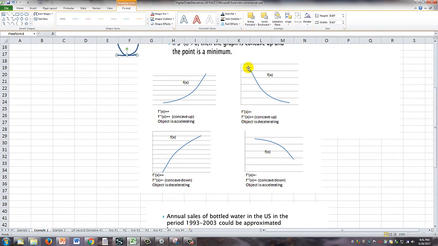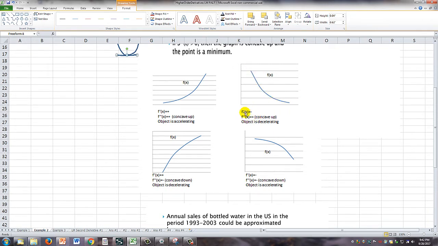because it's concave up. So the function is increasing, the rate is increasing, it's concave up, accelerating. If you can see the y values are getting smaller, and your first derivative is negative, you can draw a bunch of tangent lines and you see you have negative slope. So you're decreasing, and then your second derivative is positive. That means it's concave up, which means that you're decreasing at a decreasing rate.